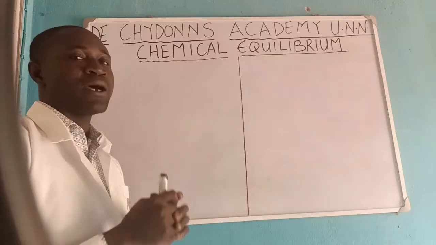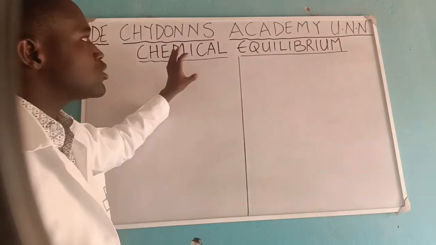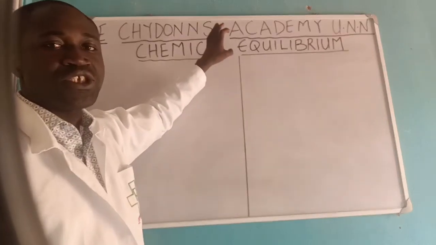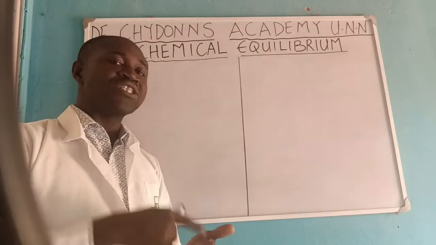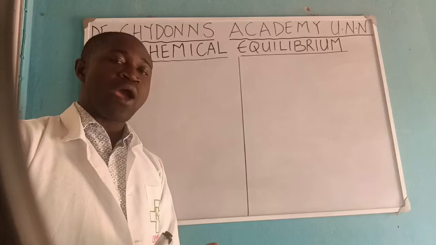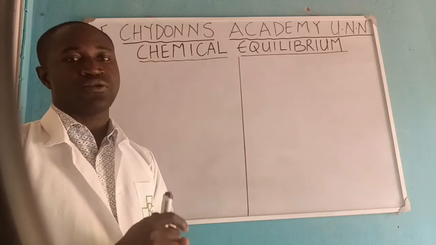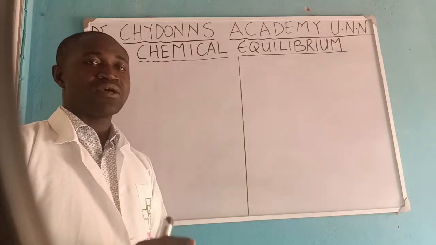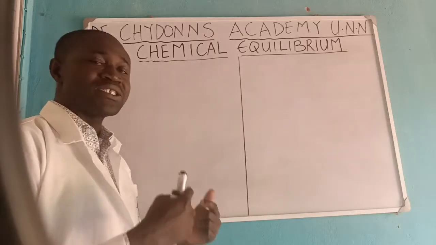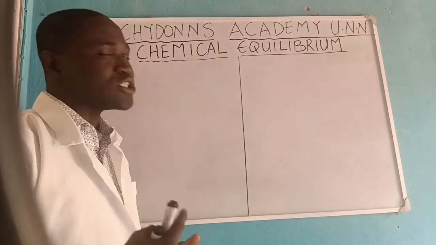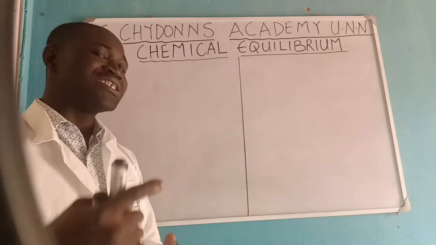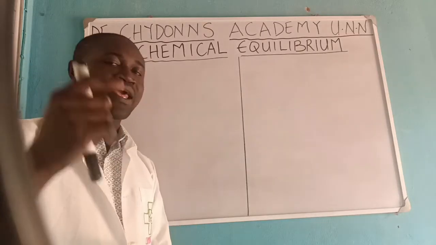Okay, let's answer. A chemical reaction can be said to reach or attain equilibrium when the rate of forward reaction equals the rate of backward reaction. I repeat again. A chemical reaction can be said to attain or reach equilibrium when the rate of forward reaction is equal to the rate of backward reaction.